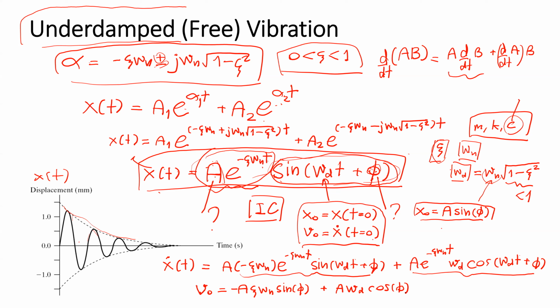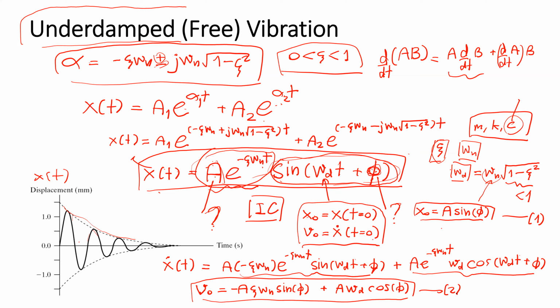So what we can see here is how we can solve for A and phi for a given value of x0 and v0. Now we have equation 1 and equation 2. In order to solve these two equations, what should we do?